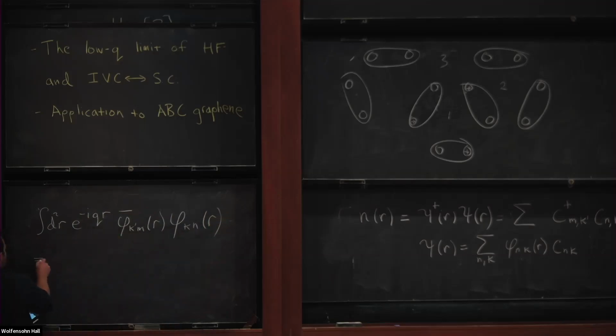And we just define this thing to be lambda_mn(K, Q), where implicitly K prime is equal to K minus Q.